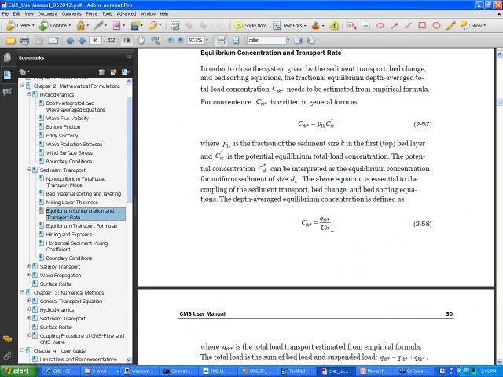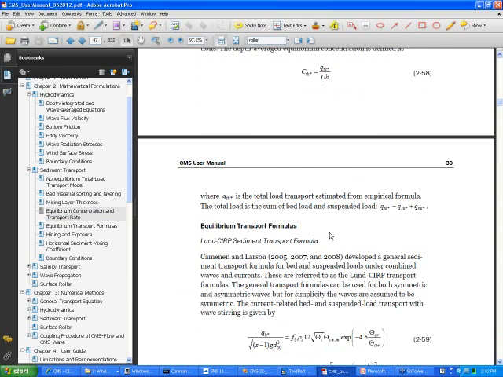There are lots of formulas in the literature to estimate equilibrium transport rates, and we can take those empirical formulas and directly calculate the number that we need, the concentration capacity, by simply dividing by the volume flux, U times H. This is why we do it this way.